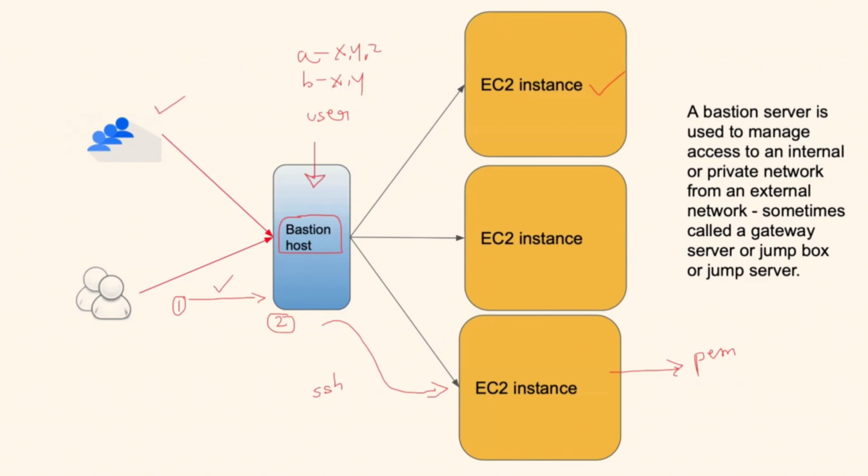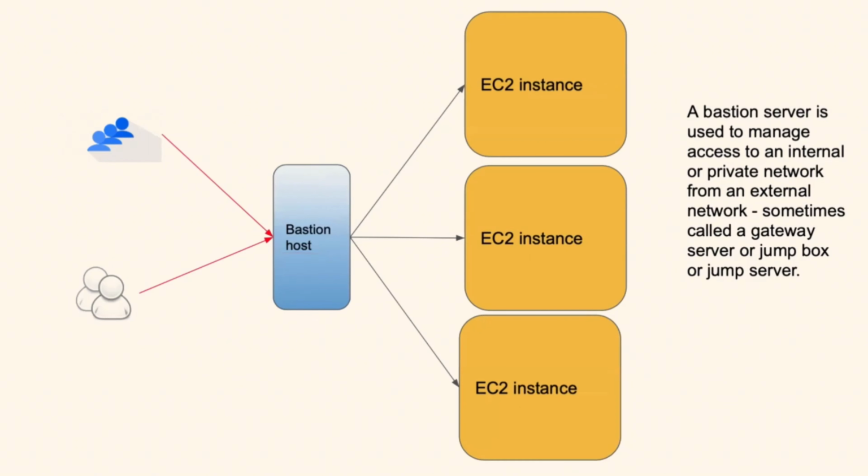A critical advantage of having a Bastion host setup is that if we want to cut off all external access to our internal servers, all we have to do is destroy this Bastion host.